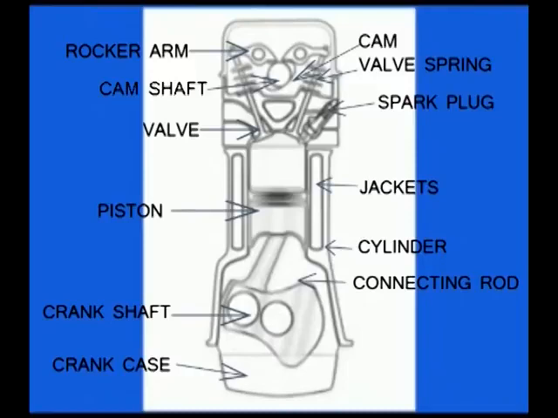For exhausting the burnt products from the cylinder, the exhaust valve is available, which is the hottest component of the engine. For starting the combustion of the fuel, there is a spark plug. For operating these valves, we need one camshaft which has cams. Those cams are responsible for opening and closing of these valves.